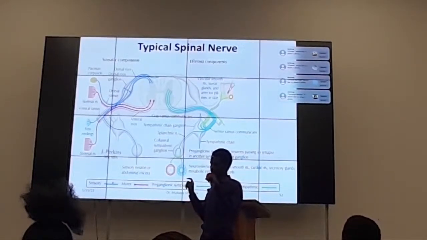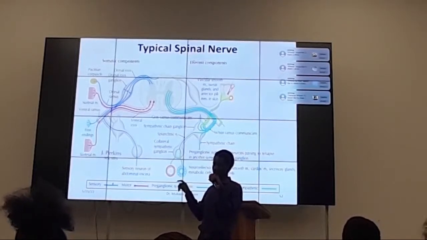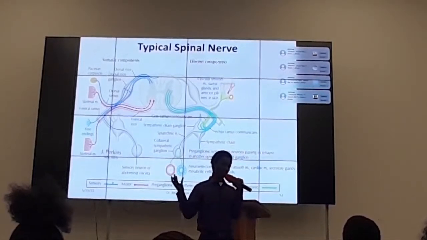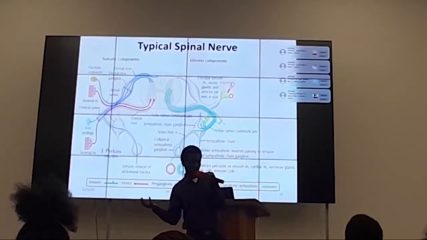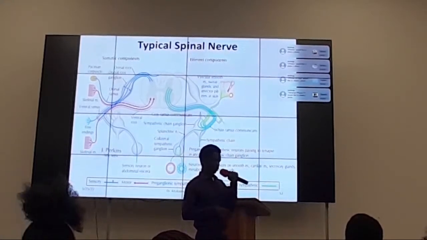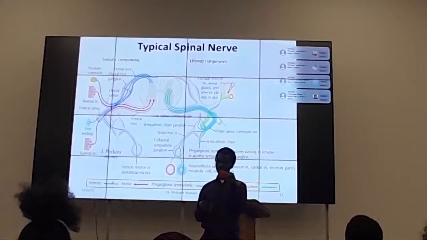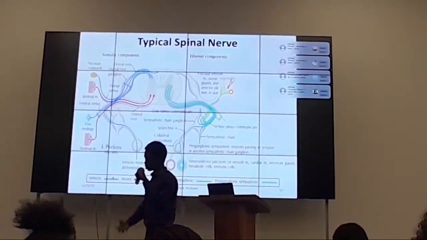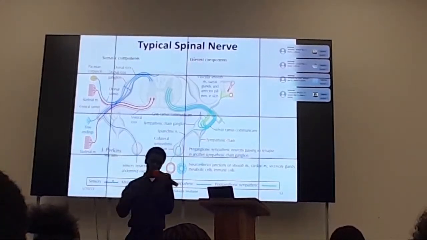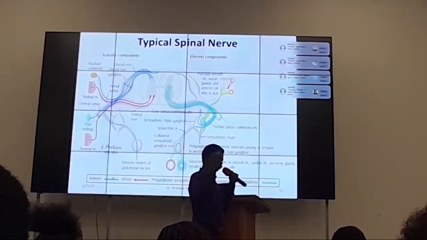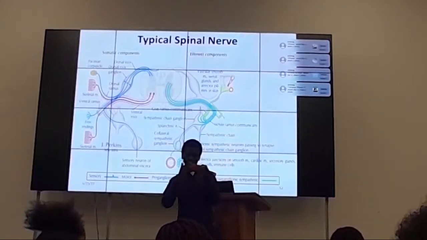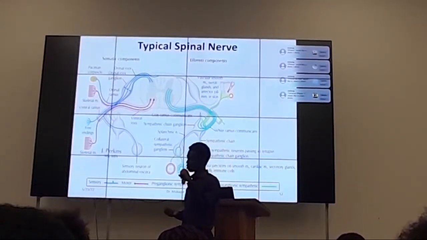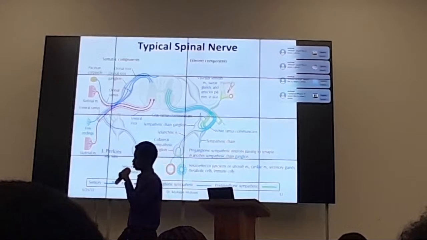So in this case, are they somatic neurons? No. These are autonomic neurons. So a splanchnic nerve is a nerve that carries autonomic neurons that pass through the sympathetic ganglion minus synapsing.